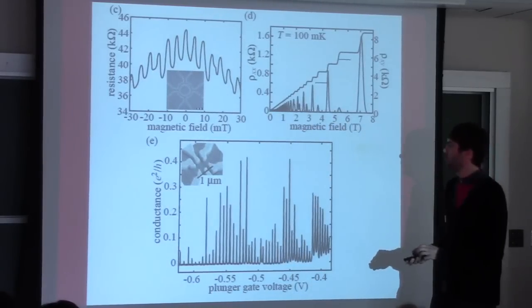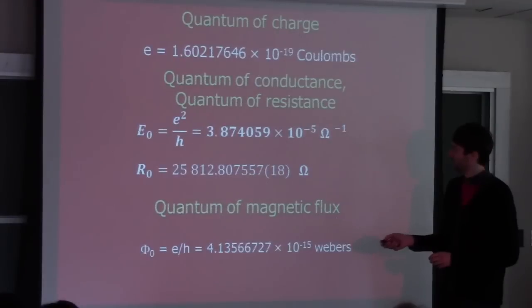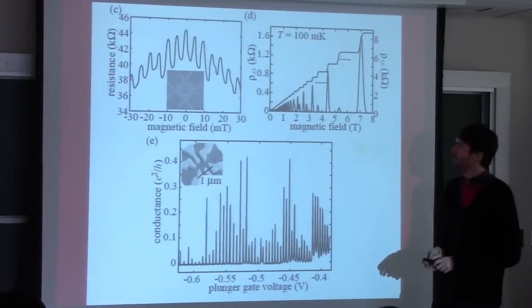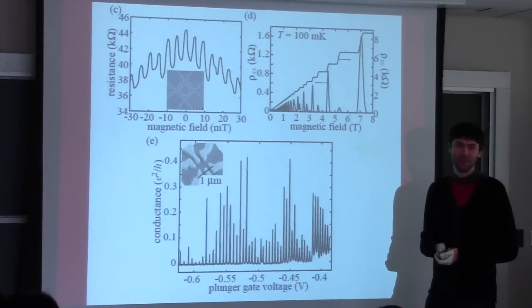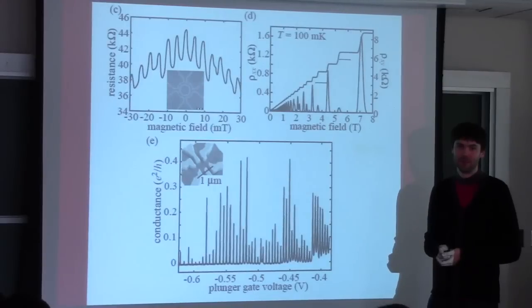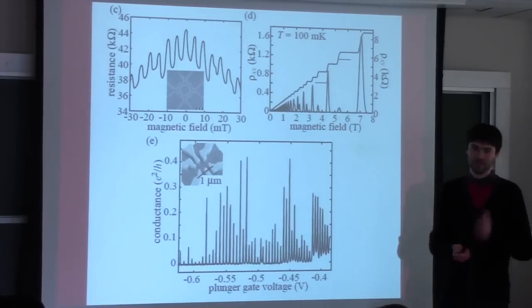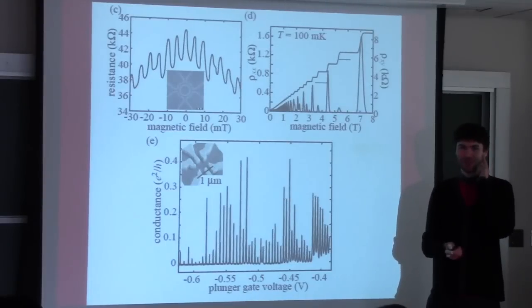And the flux quantum was 4 times 10 to the minus 15. So let's say 5 times 10 to the minus 15 for simplicity. These numbers work out really well, actually.